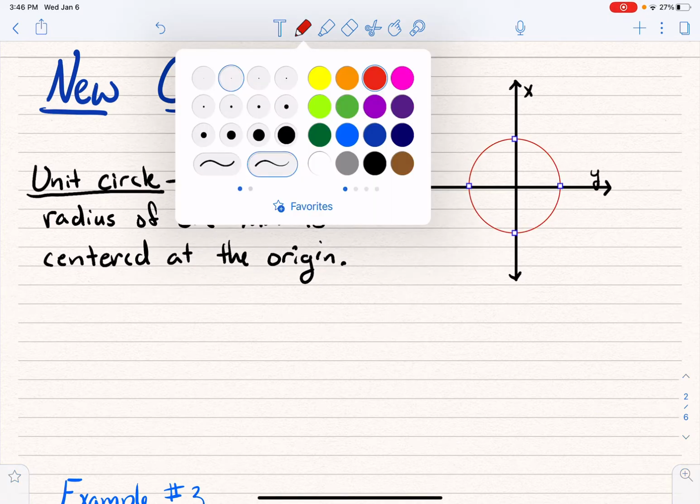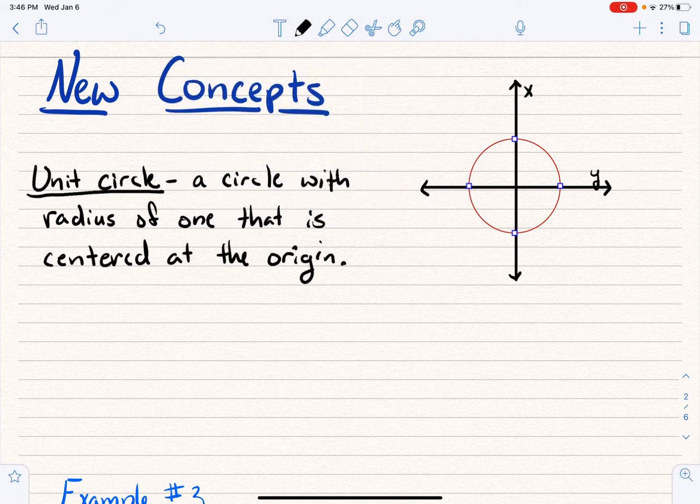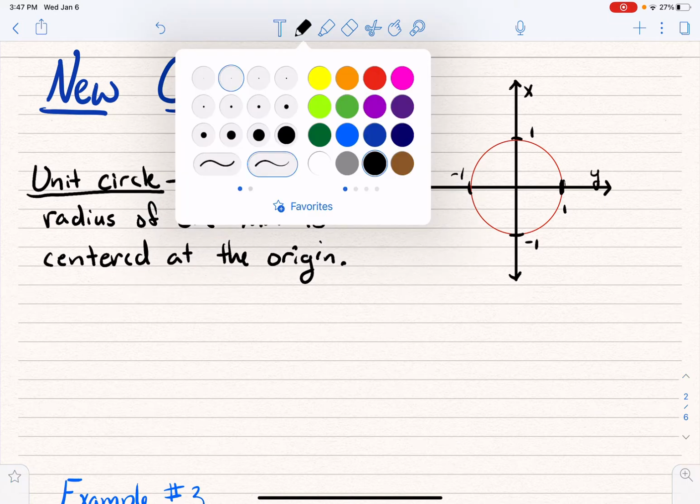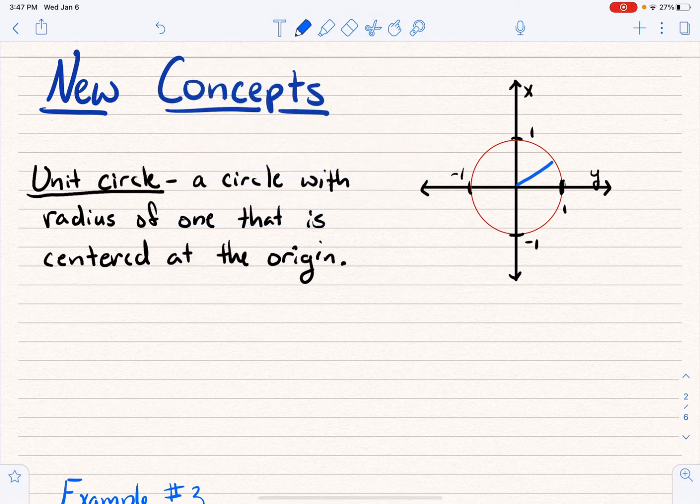And we'll say that this right here is 1. This is -1. This is +1. That's -1. Okay? And so that right there is a circle with a radius of 1. The radius, right here, is equal to 1. And so that's a unit circle.